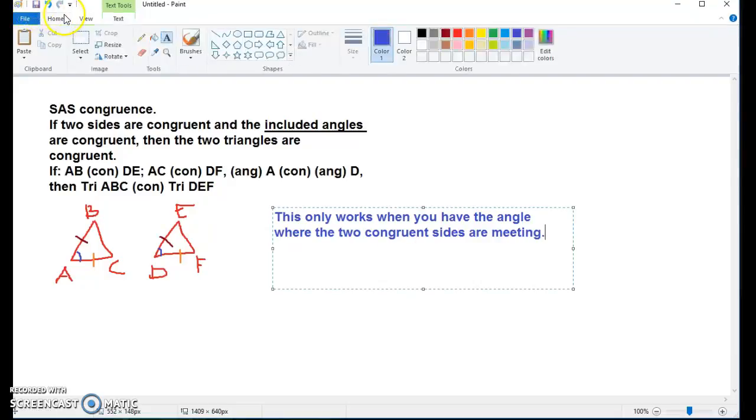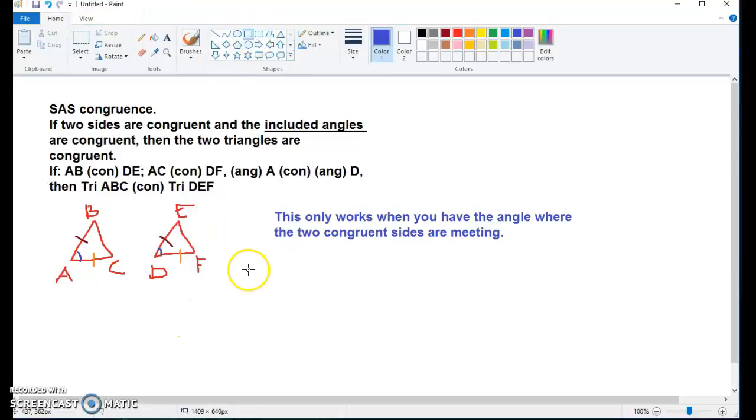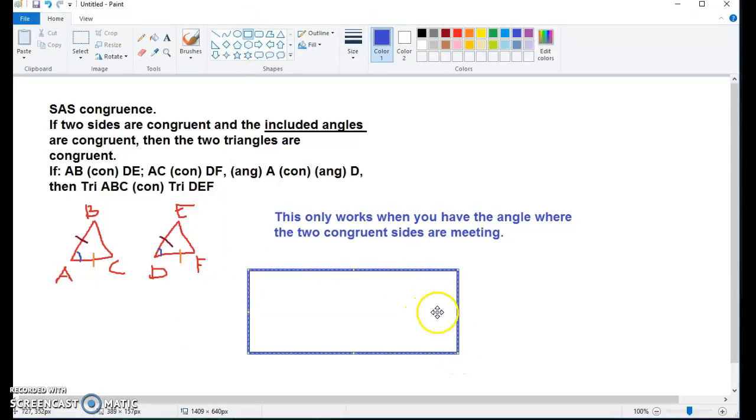Alright, quick question. I'm given this. And I am told that this is congruent to that. What would I need in order to make sure that these two triangles are congruent by SAS? Let me label angles.